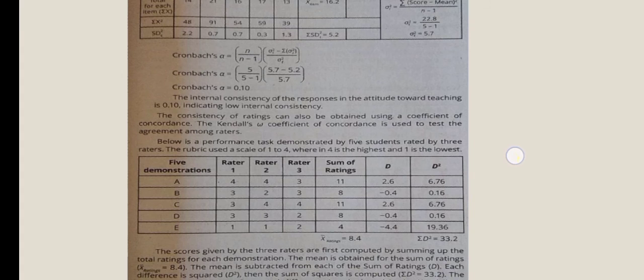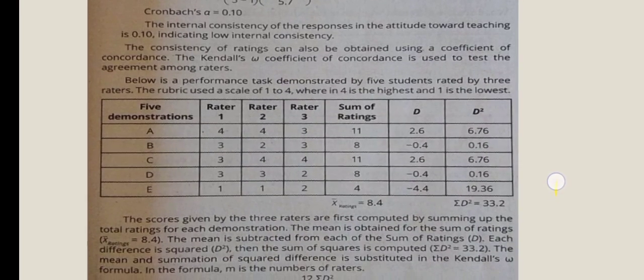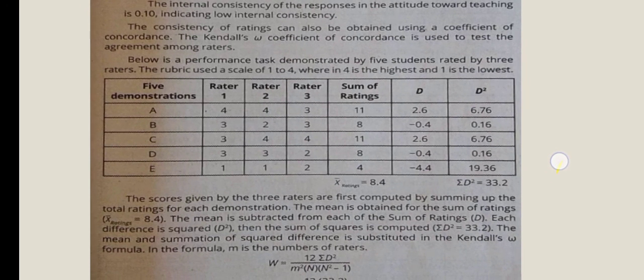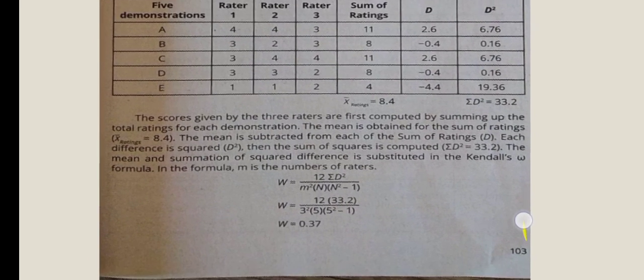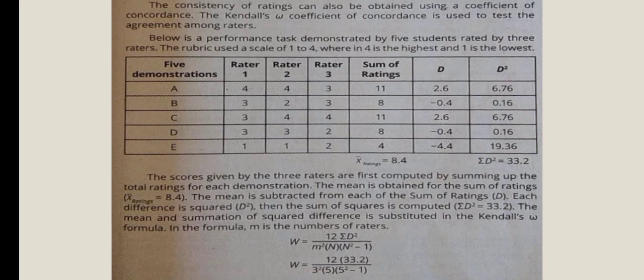The rubric uses a scale of 1 to 4, wherein 4 is the highest and 1 is the lowest. So you can see the table. The sum of ratings are 11, 8, 11, 11, 8, 4. That is the formula. Just substitute, taken from the table.